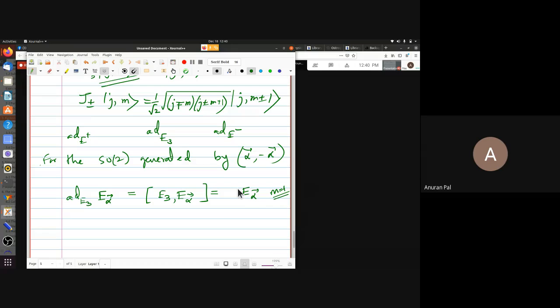J equal to 1 because E2 alpha cannot be there. Like if you had ad E alpha acting on E alpha to raise it, that won't happen because it's 2 times alpha. It's a multiple. So J should be equal to 1. So what you have is J is 1. So this is basically a spin 1 situation. This is one element of the spin 1, and this is the highest weight state actually.